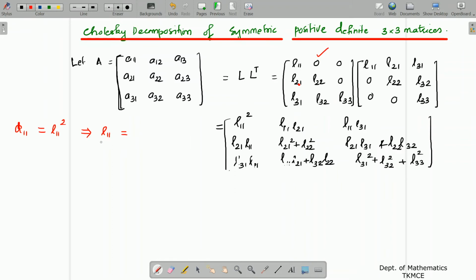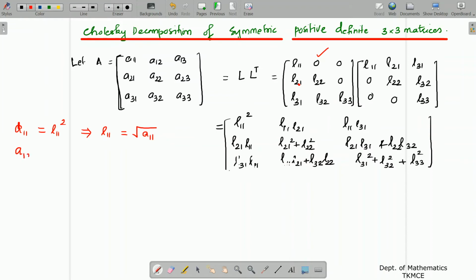Hence from this first comparison, L11 is equal to the square root of A11. We know all the diagonal entries of this lower triangular matrix need to be positive, and therefore we take the positive square root of A11. Now take the second comparison. Let us try to get L21. In order to get L21, I am going to take L21 L11 from the right hand side matrix, and correspondingly A21 is the element in the A matrix.